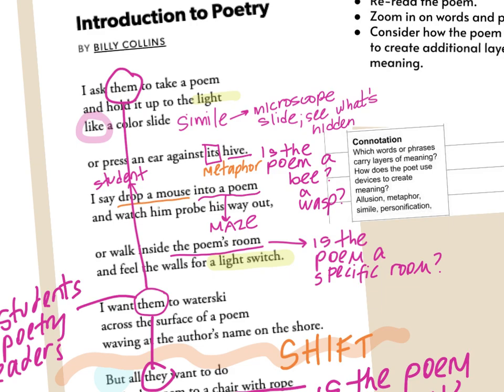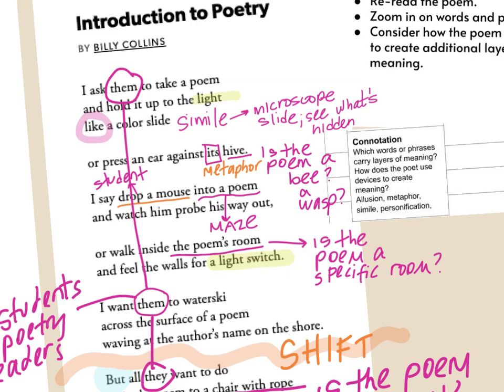In the third stanza, the I recommends that students drop a mouse into a poem. So there's an implied metaphor here. Is a poem a maze that a mouse would explore, and probe his way out? In the next stanza, the poem is compared to a room.